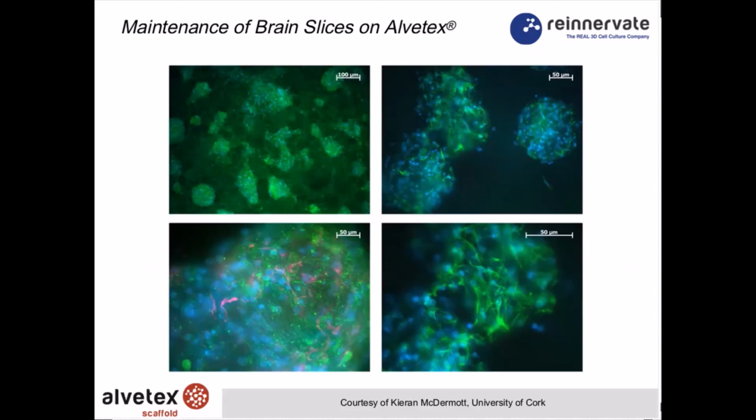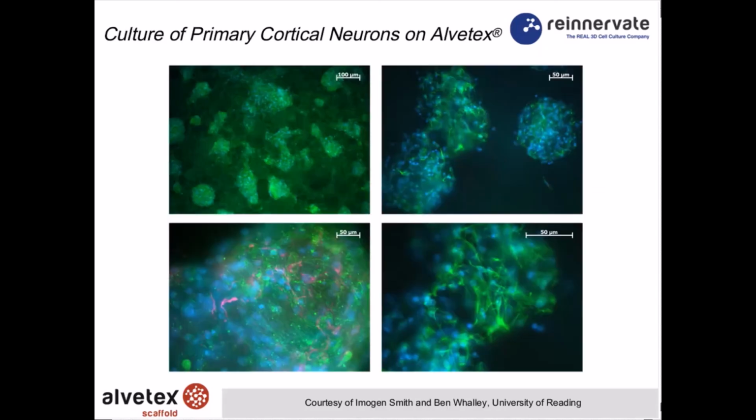So in another collaboration, this is some of the work which is done by a group in Reading University in the UK. They were taking primary cortical neurons from embryonic mice, and they were preparing them and seeding them onto Alvetex.